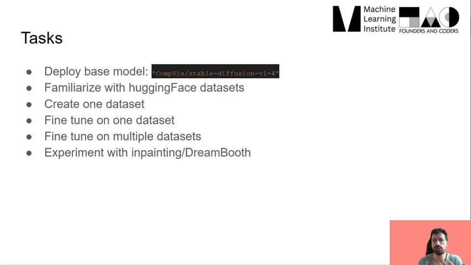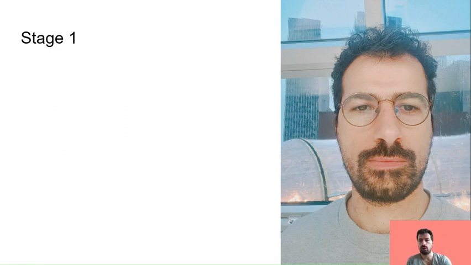So that's why we were not just creating datasets, but also uploading them on Hugging Face and fine tuning via that way. We also experimented with multiple datasets, and with embedding and DreamBooth. In my case, I chose DreamBooth. So I'm going to walk you through the process.